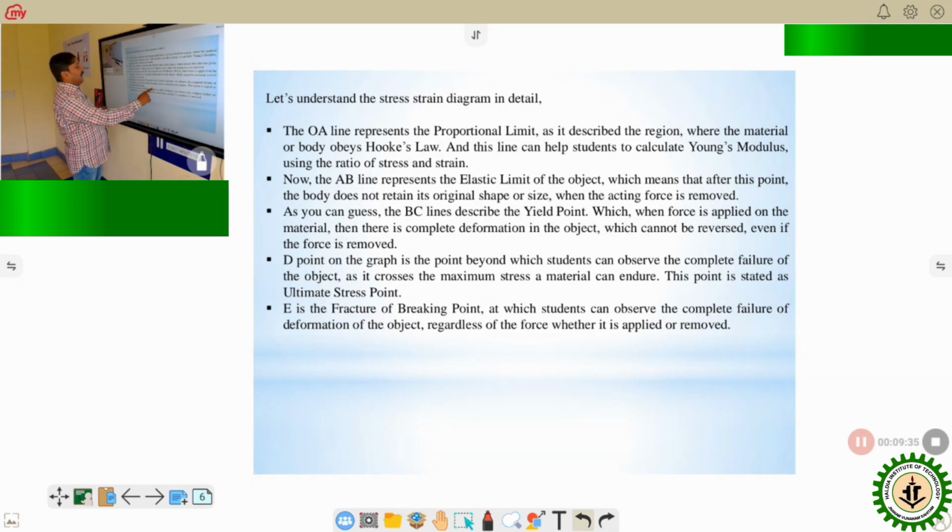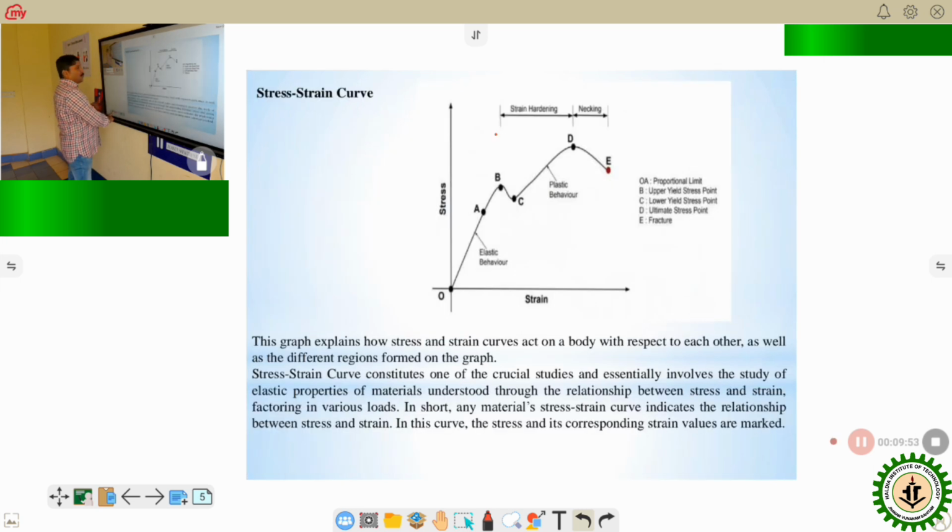Which point mainly here? You see. We can say from this graph, the D point on the graph is the point beyond which, students, all of you can observe the complete failure of the object. Okay? This point is stated as the ultimate stress point. Which point mainly? This point.